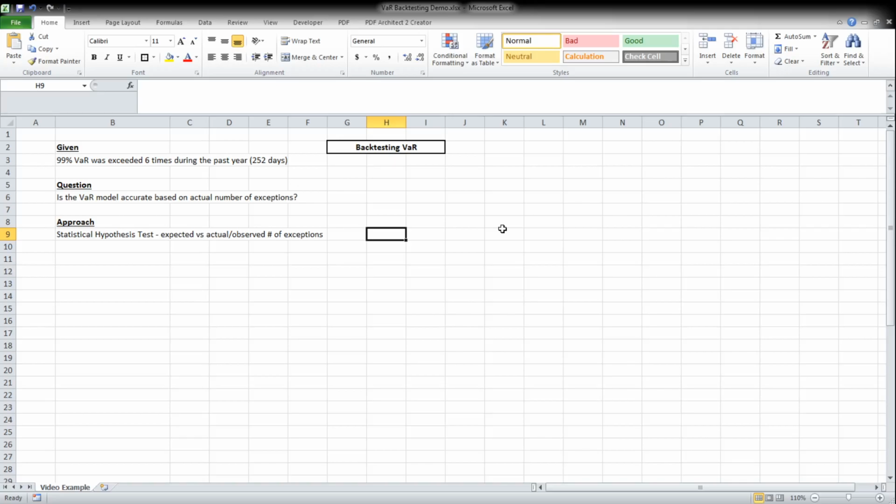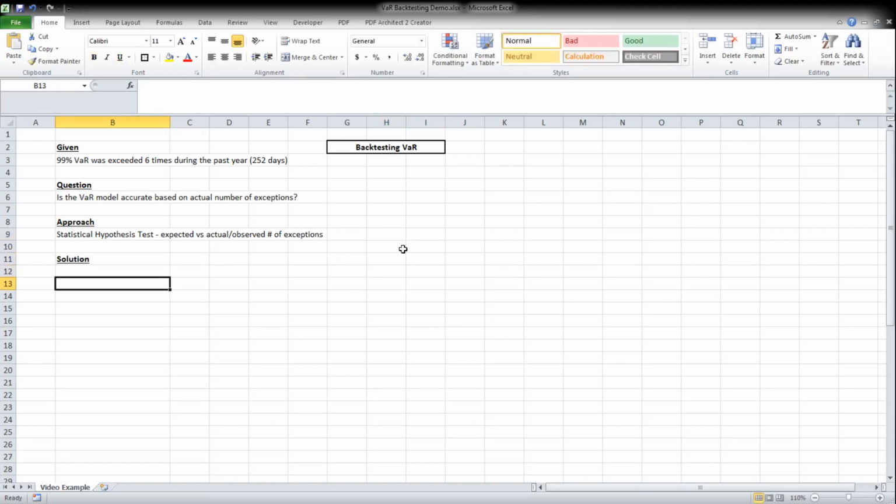It's a very old, very common way to test, at a given confidence level, which is different from the VaR confidence level, whether our model is good or not. We will be comparing our expected versus actual or observed number of exceptions. Let's get to it, and I will be taking some notes along the way.